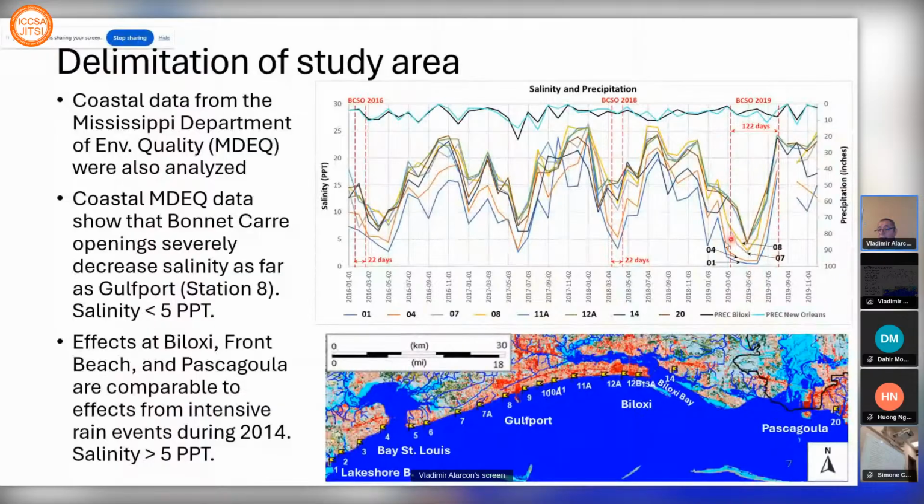And in this year, the consequences for biological species in the Mississippi Sound were devastating. And of course, if biological species are killed by these openings, the economic activities, fishing, etc., that depend on the biological species that live in the Mississippi Sound are also strongly affected.